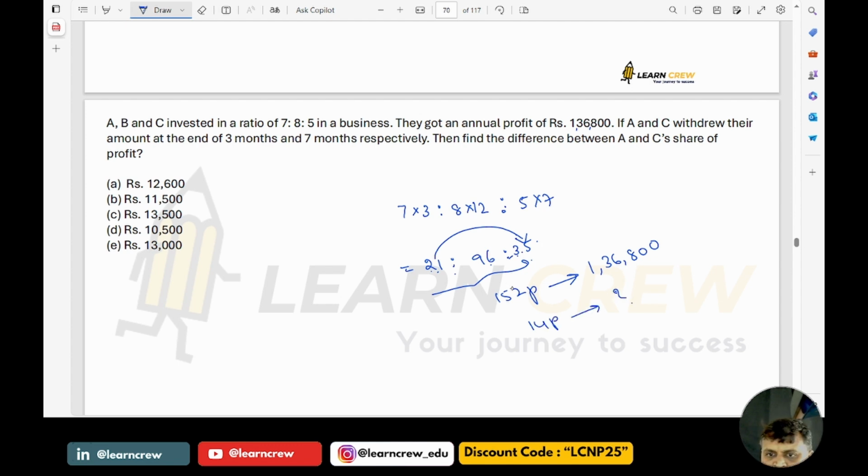So if you see here, 2 into 4, you will get 8 here. So into 4, 4 into 4, the last non-zero has to be 6. Non-zero you have 6 only in one option. So the answer is 12600.